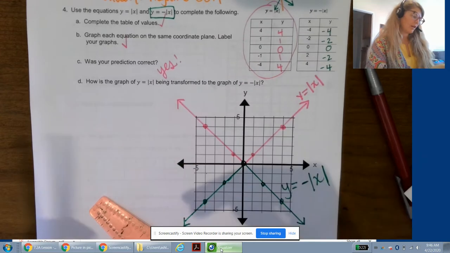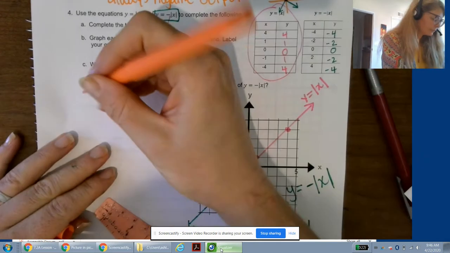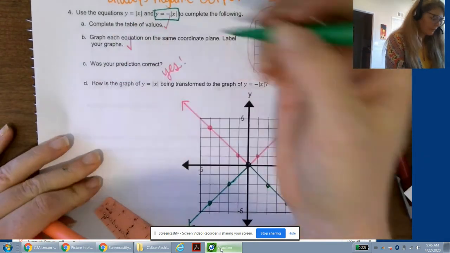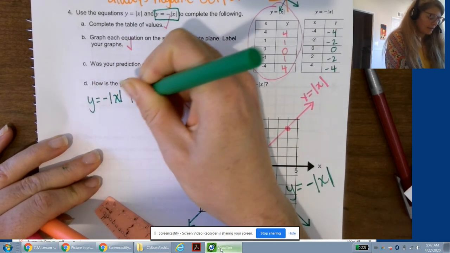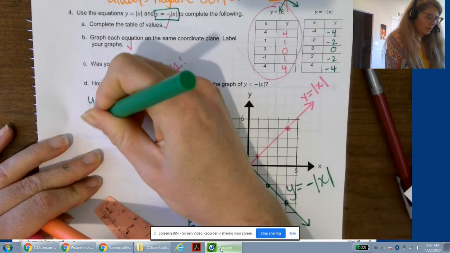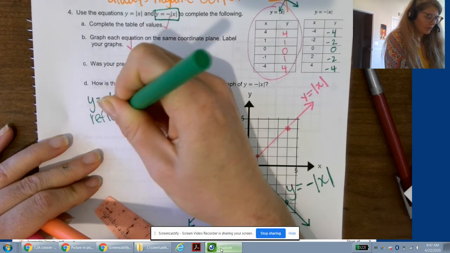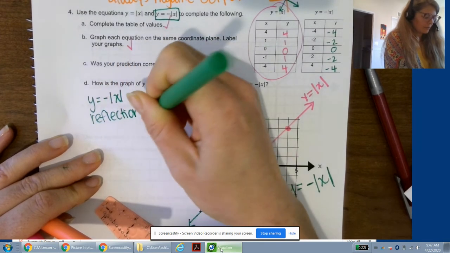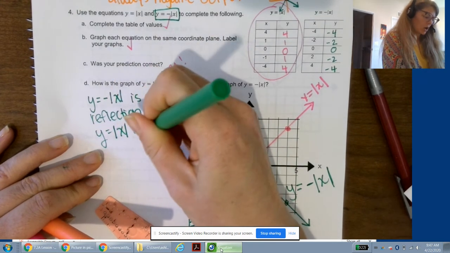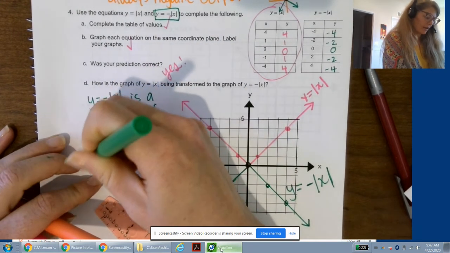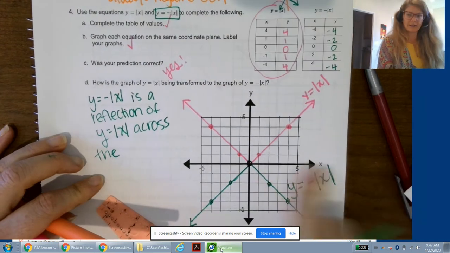So we can call it a reflection. Y equals negative absolute value of x is a reflection of y equals the absolute value of x across the, which axis is this? X-axis.